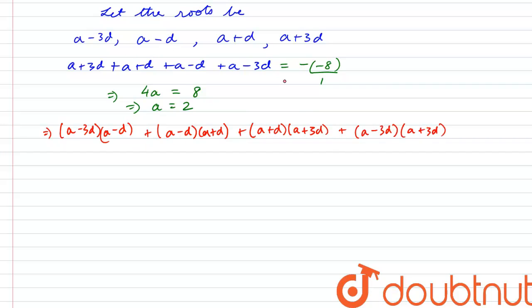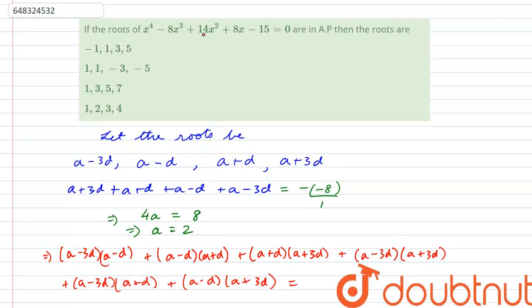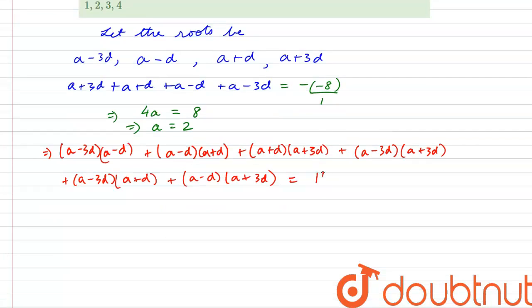So we have 4, and then we'll have two more pairs, first with the third, that is A minus 3D into A plus D, and the second with the fourth, A minus D into A plus 3D. This should be equal to the coefficient of the third highest power of x divided by A. The third highest power of x has the coefficient 14, so 14 divided by 1. So this is the equation.